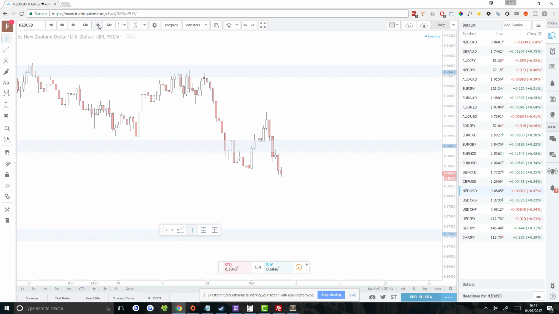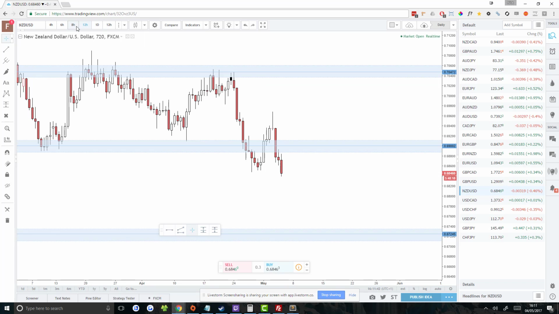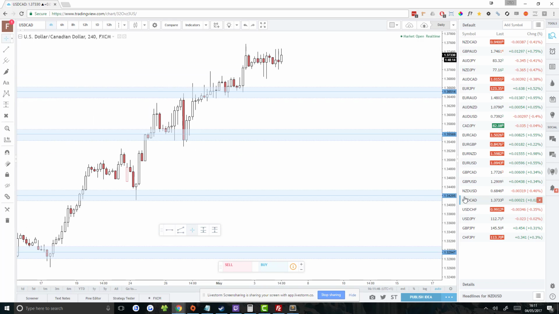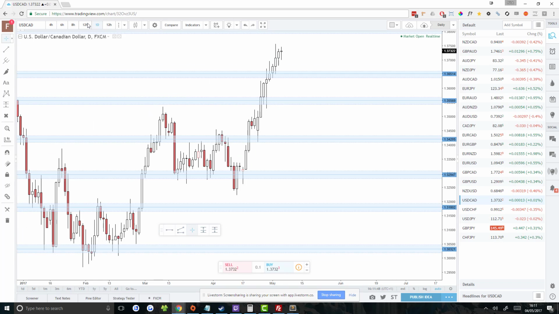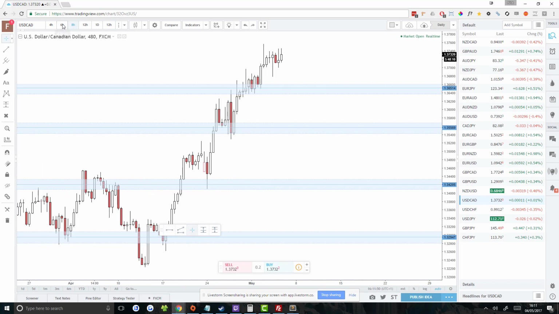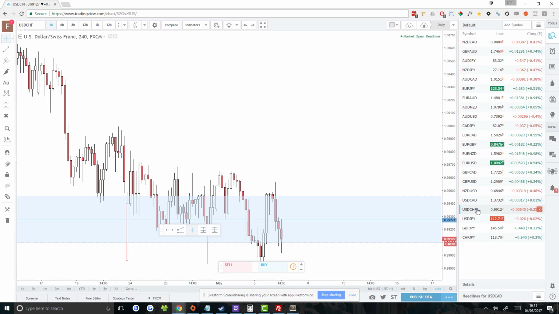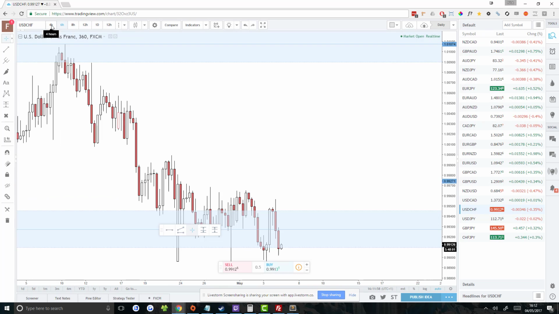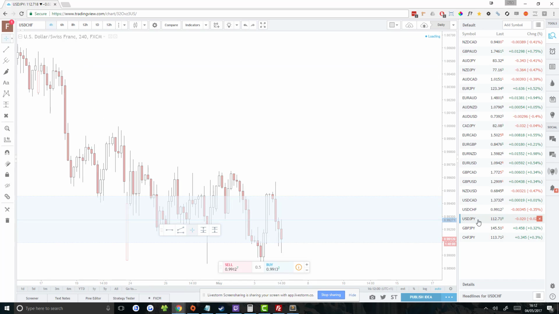All right, New Zealand USD. Broken below support and kind of trending down, nothing much happening there. USD CAD, yeah, nothing much happening. USDCHF is just stalling on top of the support area, as it has been for quite some time now.